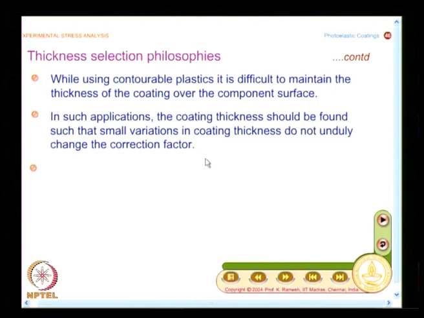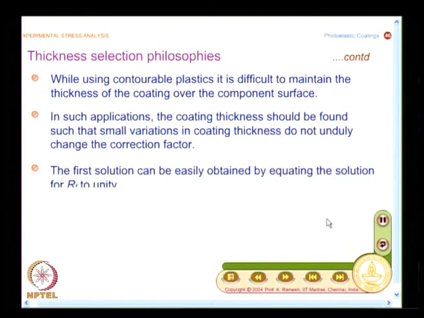In fact, we are going to see a variety of problems which are very complex in shape, where contourable plastics have been employed to analyze a variety of practical situations. So, in such cases, the coating thickness should be found such that small variations do not unduly change the correction factor. And how do we do it?